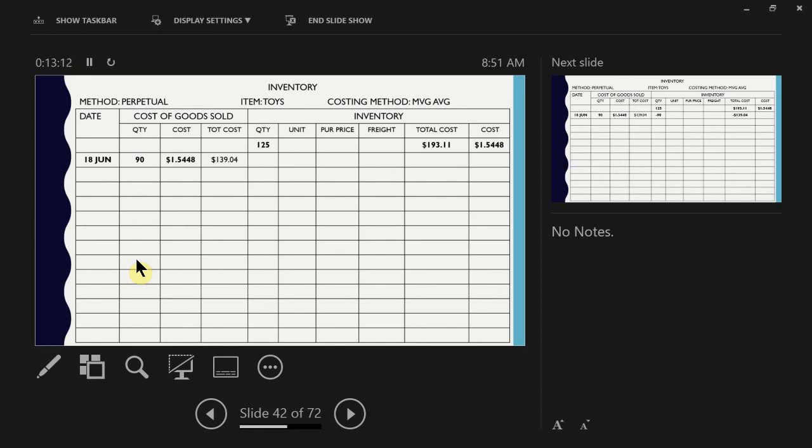Okay. And we should get a total of 139.04. Okay. Same thing here. We're going to subtract it out, and now we're going to get a brand new cost, which is going to be 35 items at $54.07. Okay.